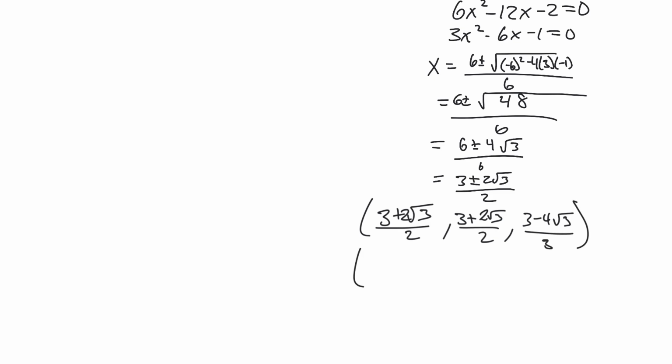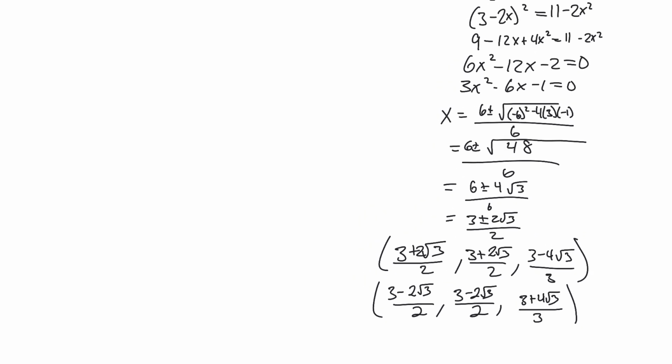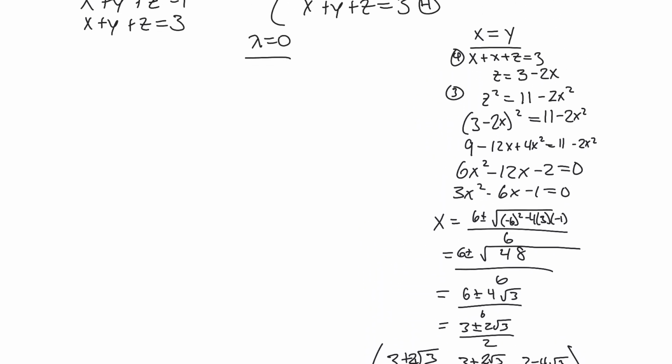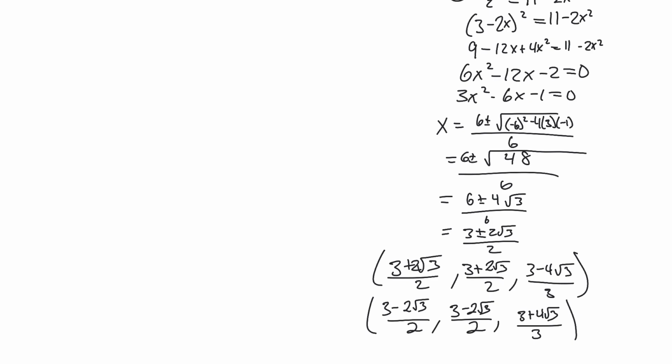And then you also have 3 minus 2 square root of 3 over 2 for x and y, and then you get z of 3 plus 4 square root of 3 over 3. So that's if you follow down the x equals y path.